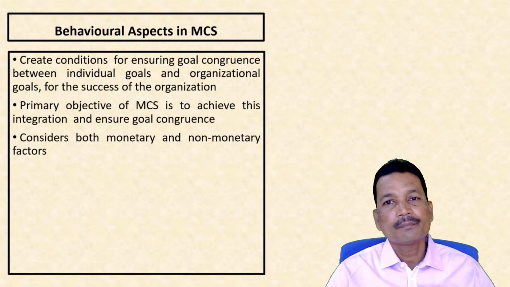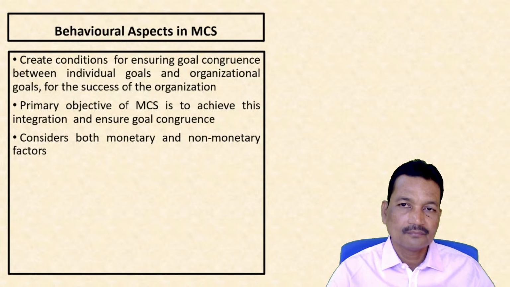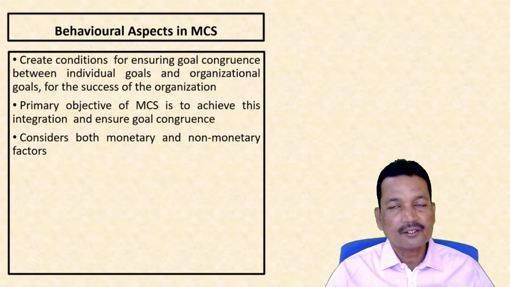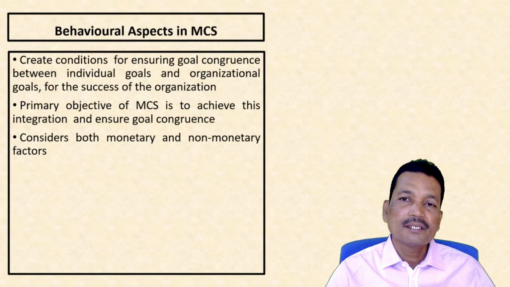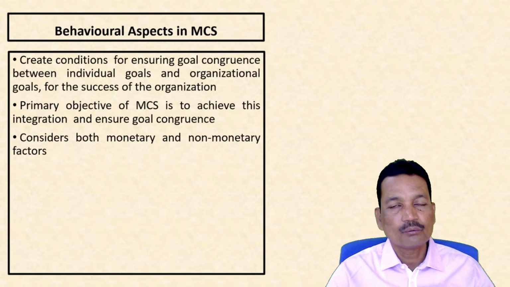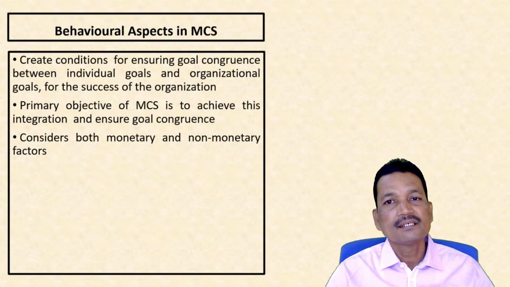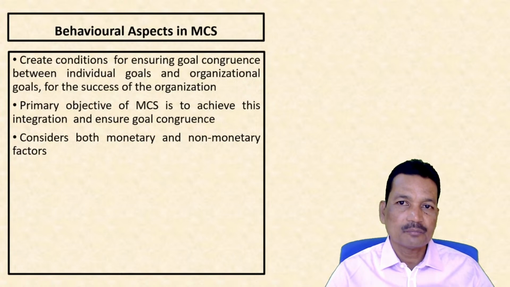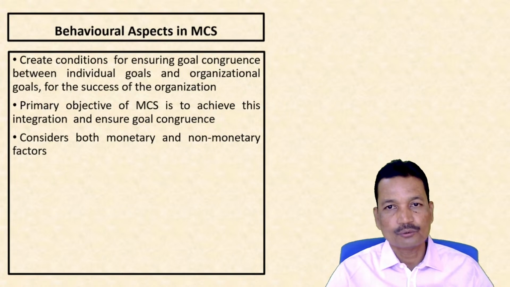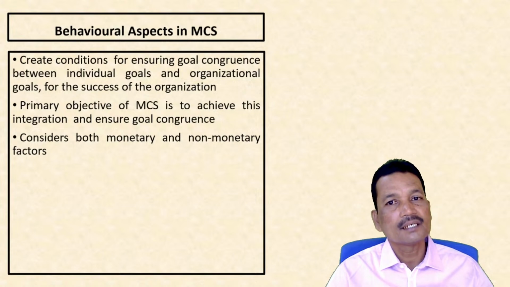Suppose in a game called football, 11 players are there on the field for a side. If their mentality matches, to score as many goals as possible or to defeat the opposition, which is the organizational goal also, then definitely the organization will be successful.